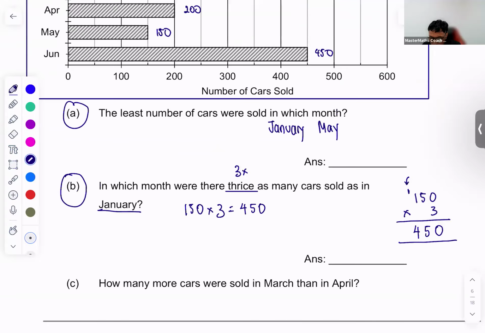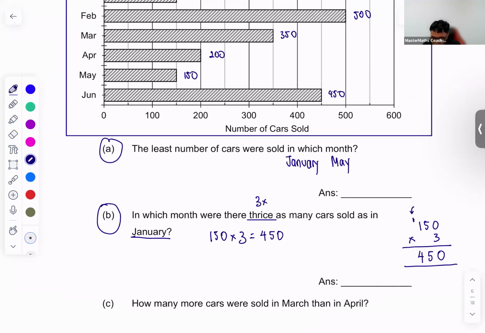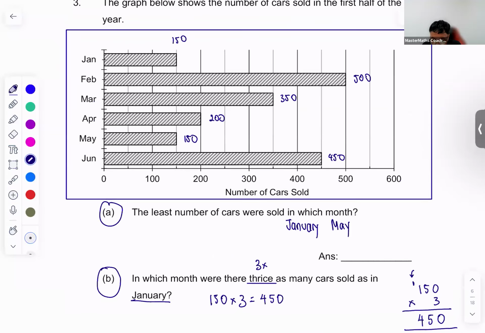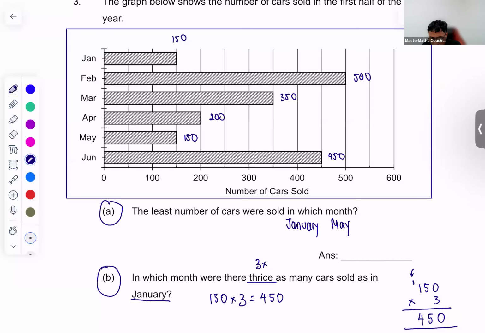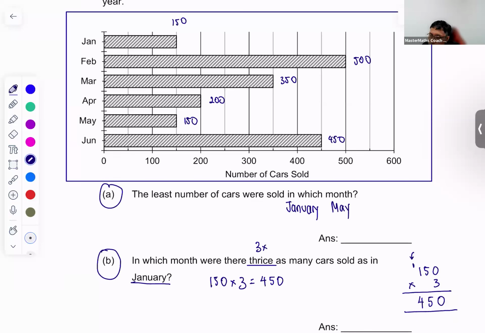Correct. Okay, now can you look at the graph and tell me in which month did the number of cars sold equals to 450?